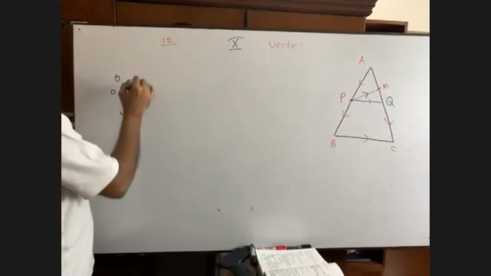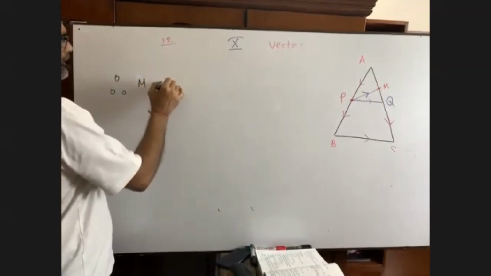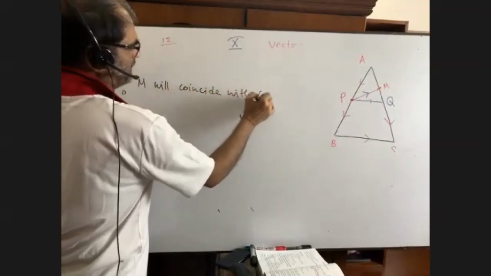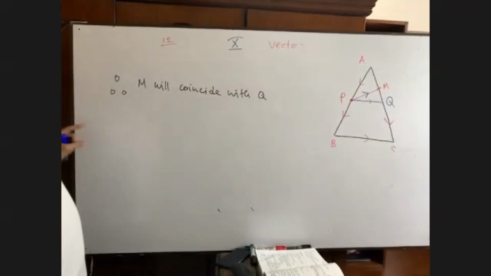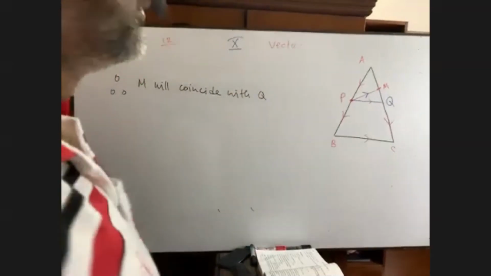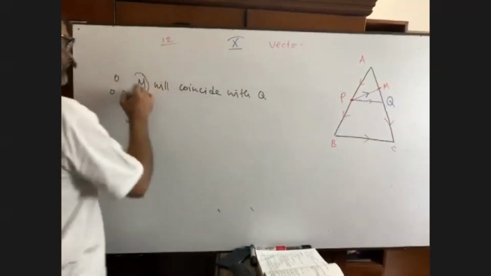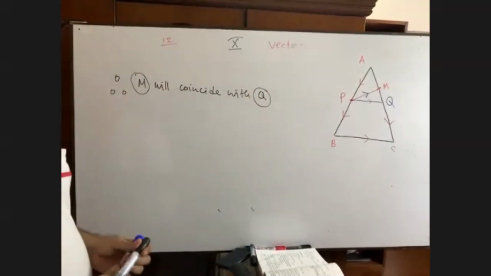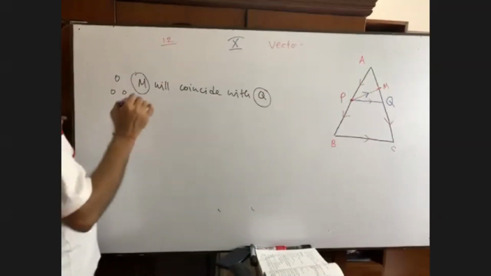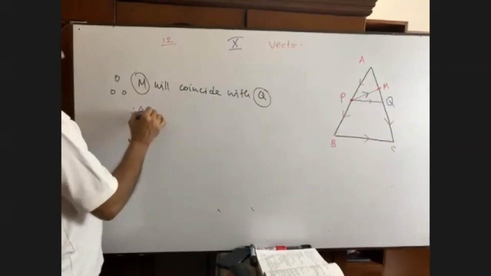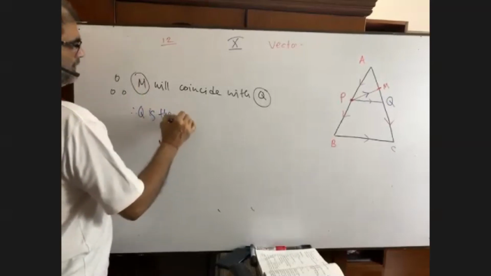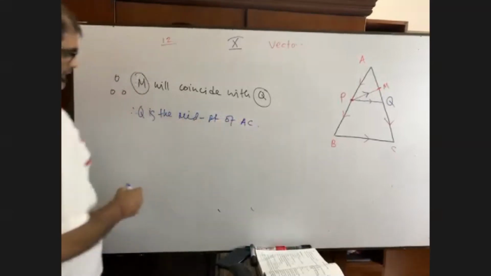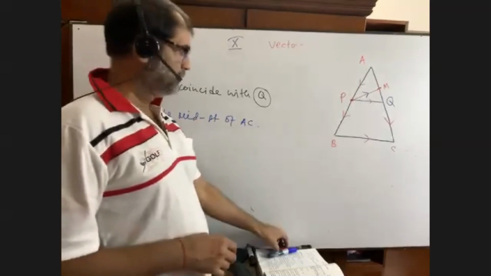That is, therefore, M will coincide with Q. Okay? So M will be there where there is Q. So if M is the midpoint, then Q is the midpoint. Is it? That means, therefore, Q is the midpoint of AC. So it is done and it is proved.